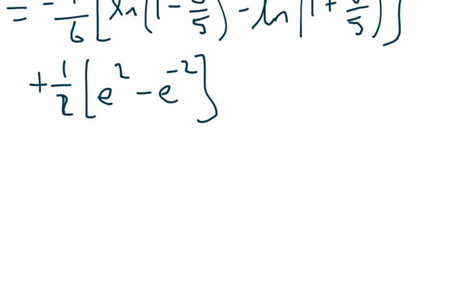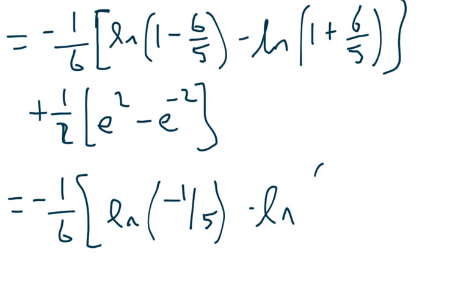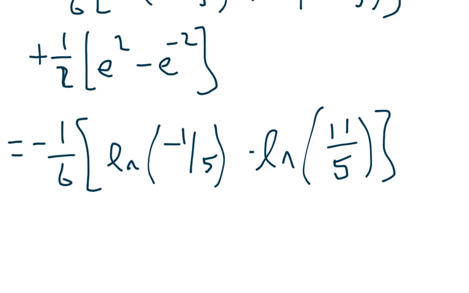Well, we can simplify this a little bit more. This becomes a minus 1 over 6 ln of, well, 1 minus 6 over 5 is 5 over 5 minus 6 over 5, so that's minus 1 over 5, minus ln of 5 over 5 plus 6 over 5, which is 11 over 5, and then we have plus 1/2 e to the 2 minus e to the minus 2.